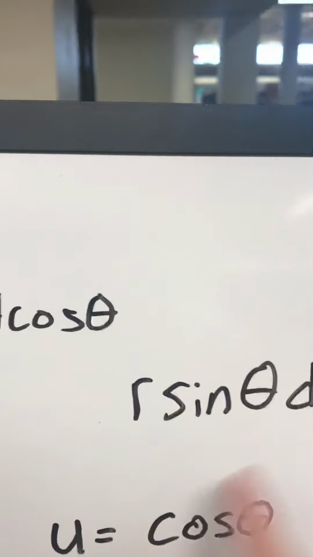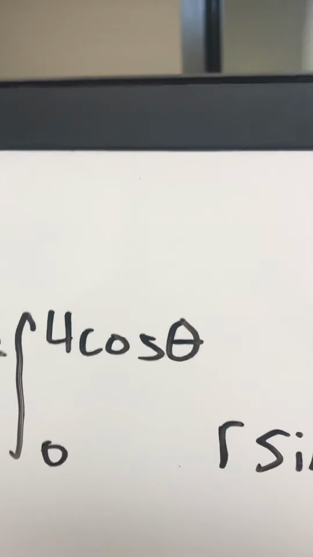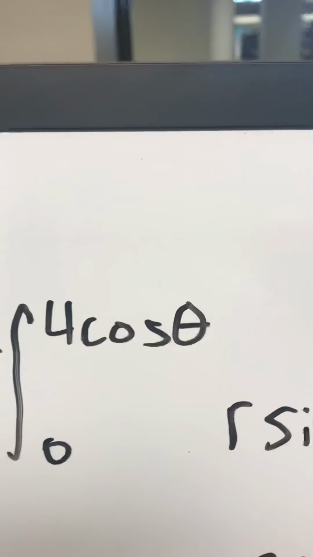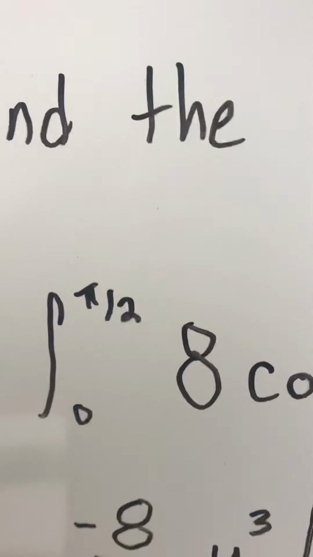The 0 is just going to give us a 0, so we only have to worry about our 4 cosine theta, which squared is going to be 16 cosine squared theta over 2, which is 8 cosine squared theta, which is what I have down here.